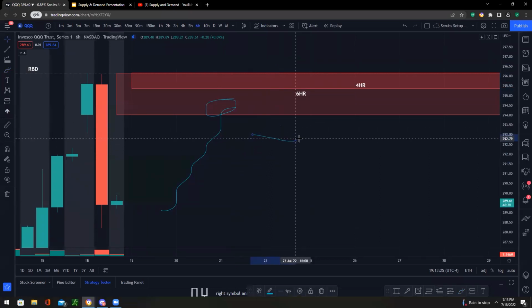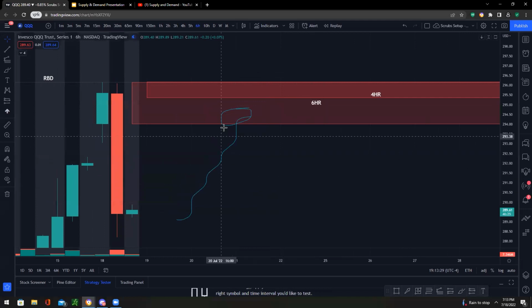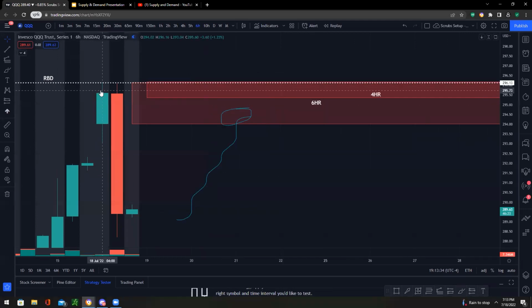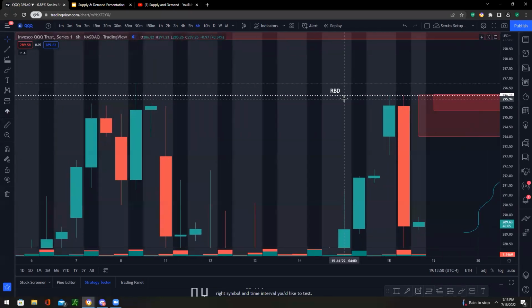Now, something else, why supply and demand is different than support and resistance. If you were only looking at possibly a resistance zone right here, that's the resistance zone. You didn't have any of this data. So this is giving you extra data so you can formulate better hypotheses and theses, right? So in this case, let's say you didn't know that this supply zone was here and you were only looking at this and you were in calls.